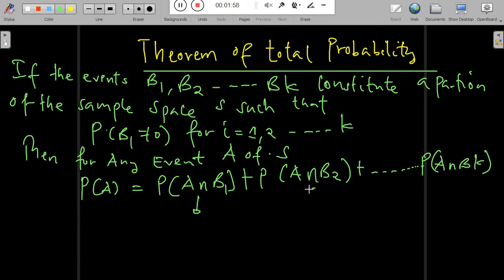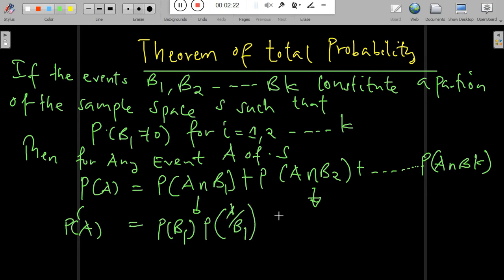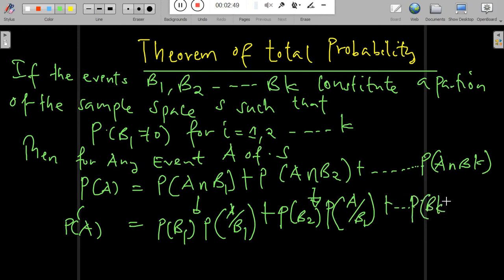For that case, when we apply the multiplication rule to the probability of A intersection B1, we obtain that the probability of A is given by the probability of B1 times the probability of A given B1, plus the probability of B2 times the probability of A given B2, plus up to the probability of Bk times the probability of A given Bk.